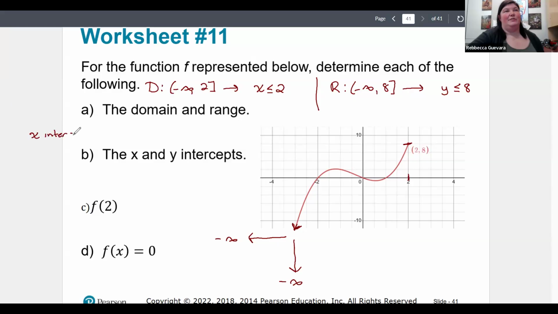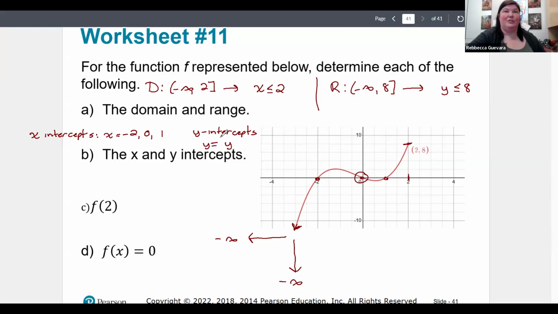And my x-intercepts, I intercept here, here, and here. So my x-intercepts are -2, 0, and 1. And my y-intercepts, this happens sometimes. So you have an x-intercept at 0. That also means that you will have a y-intercept at 0.